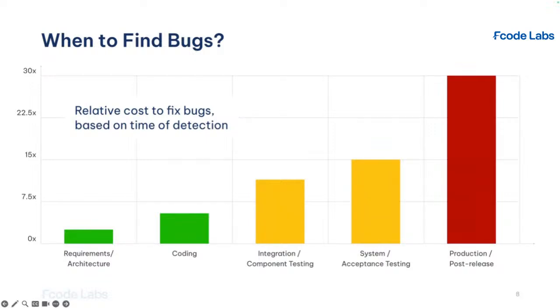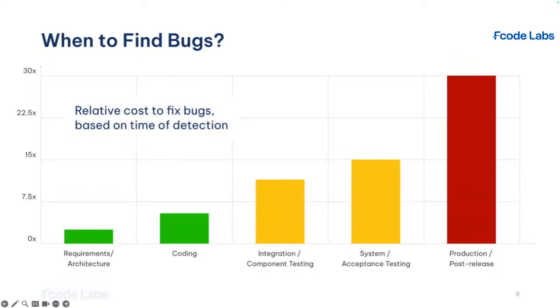Before that, let's look at this graph as well. This graph shows how finding bugs at a later phase in a software project cycle can affect the cost of that software project a lot.